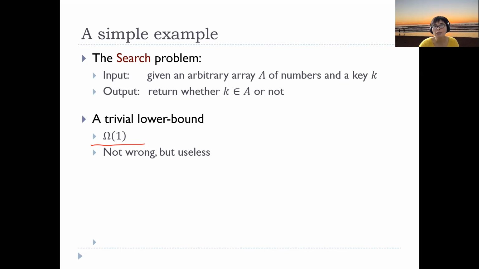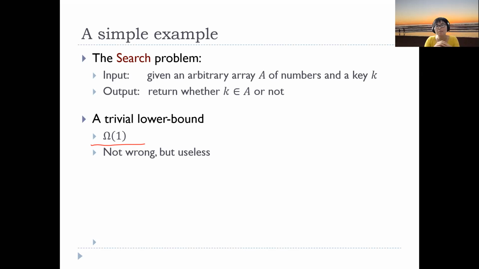On the other hand, how do we convince ourselves that we have a better lower bound? If we're given an arbitrary array of size n about which we know nothing, and you give me a specific key k, then in the worst case any algorithm has to touch each entry in the array at least once to see whether that entry is k or not. Because if you only visit half of the entries, didn't look at the remainder, and said the key is not in, then how do we know for sure the key k is not in the half that you didn't see?